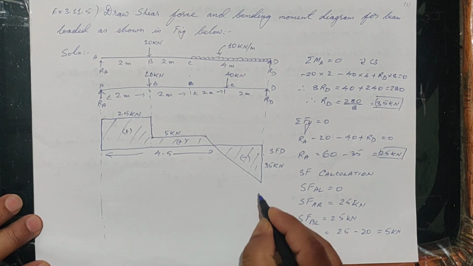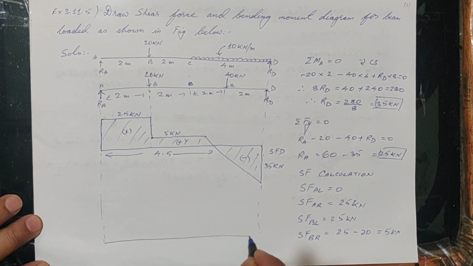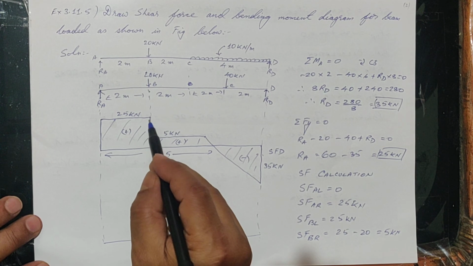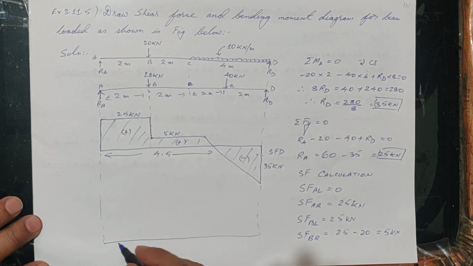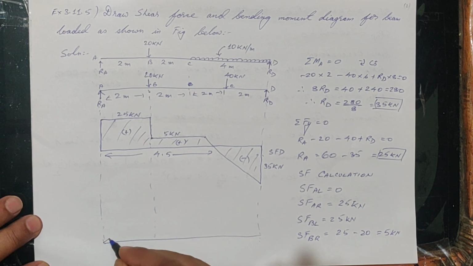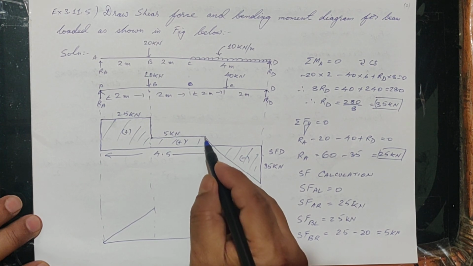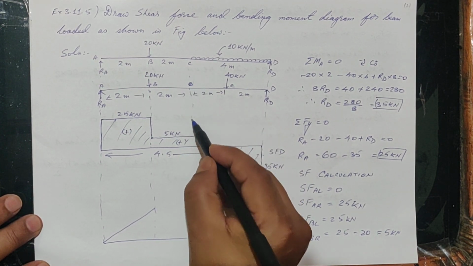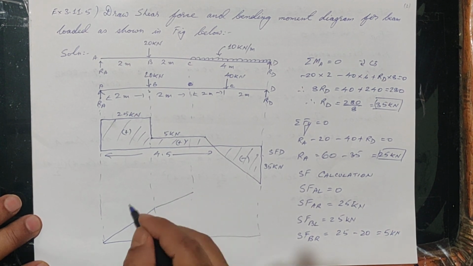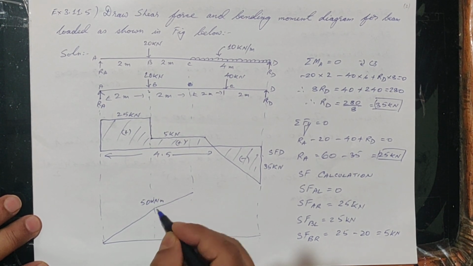Same way we will be doing the BMD. Here we have point load, so it is a straight line. Then till this portion, here it is 50 kilonewton meter.